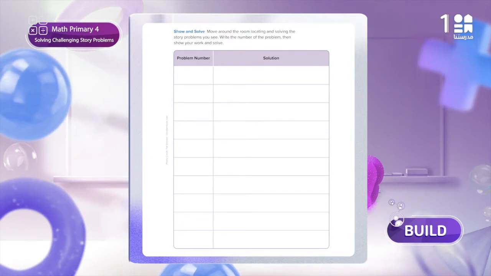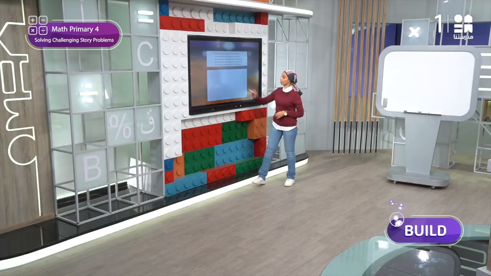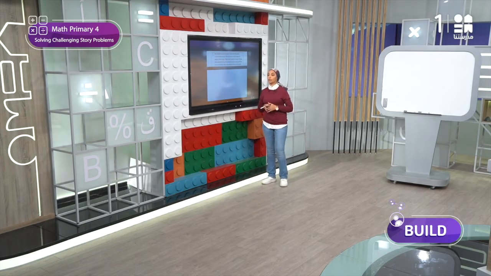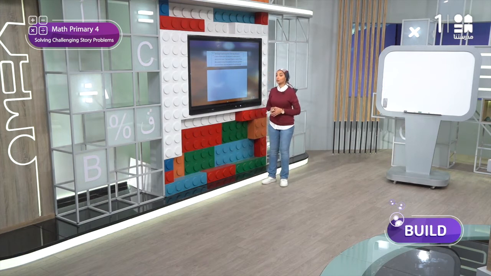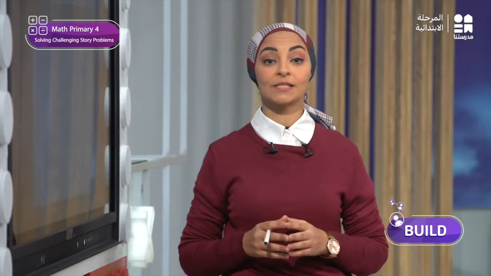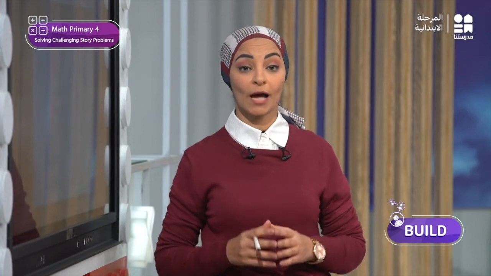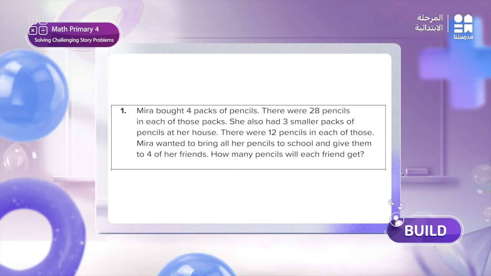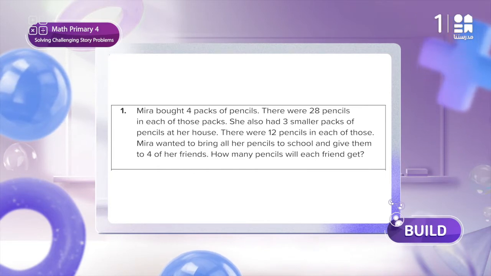Now let's move to problem number 1. Here's problem number 1 as you see. Here we will see how to organize the information we have to solve the problem. Now let's read the problem all together. Here the problem says that Mira bought 4 packs of pencils.